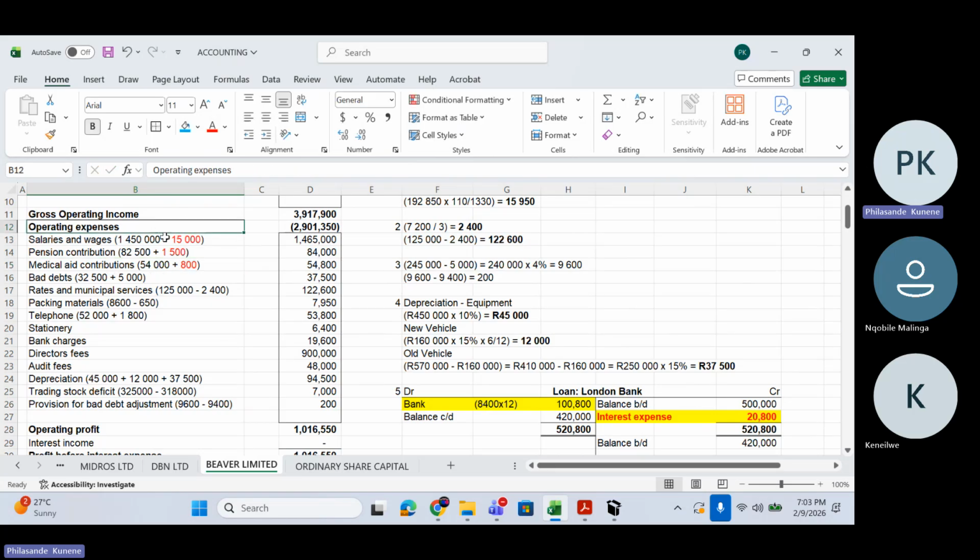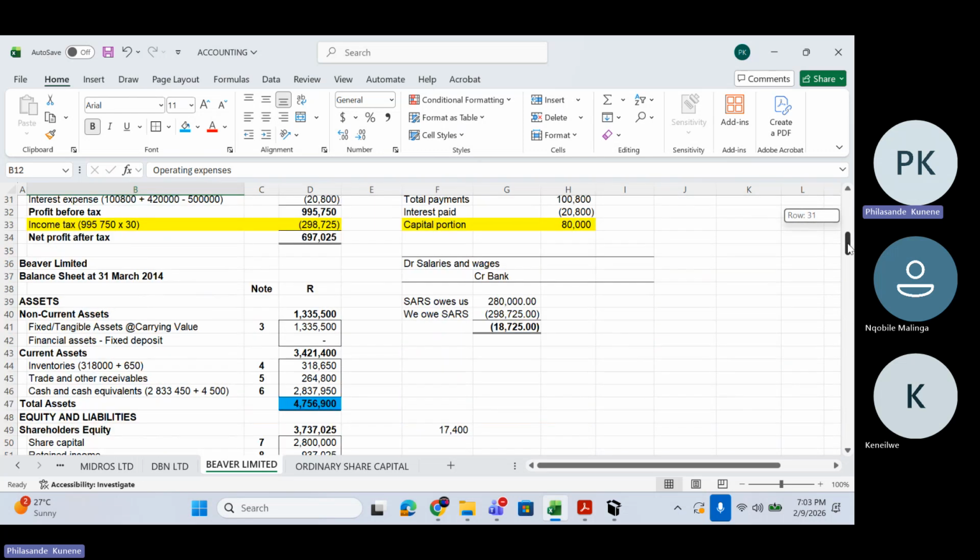If we add all these amounts, we need to go and subtract them from the bank account. 15,000 plus 1,500 plus 800, how much are we getting? 17,300.